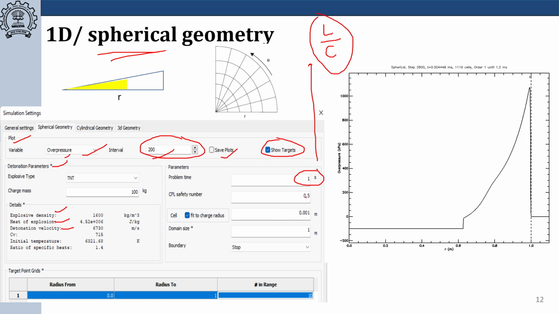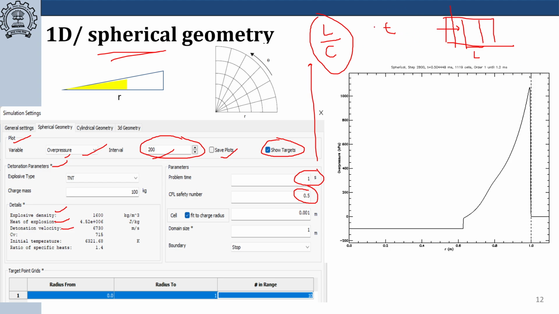So CFL safety number is nothing but, see, when you have different cell sizes, the shock wave is propagating at a certain velocity, and the cell size is limited, say L. At each time step the shock wave moves into the other cell, and it computes the other parameters.